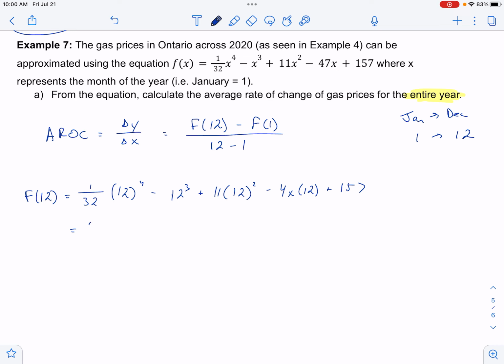Divided by 32 is 648. 12 cubed is 1,728. 12 squared is 144 times 11 is 1,584. Oh, I wrote an X here instead of 12, okay. Minus, this will be 48, and then plus 157. Bring these all together. 648, take away 1,728, plus 1,584, minus 48, plus 157, is 613.